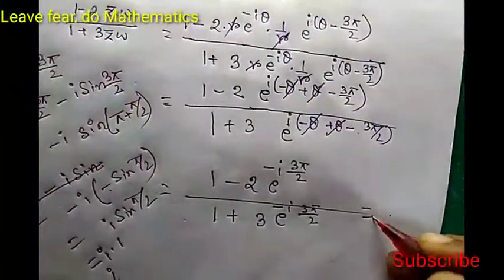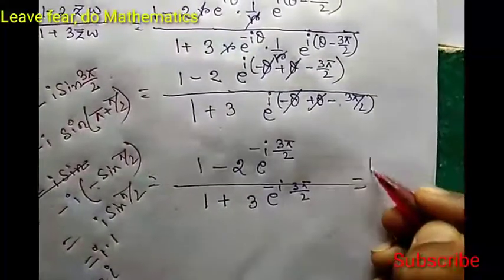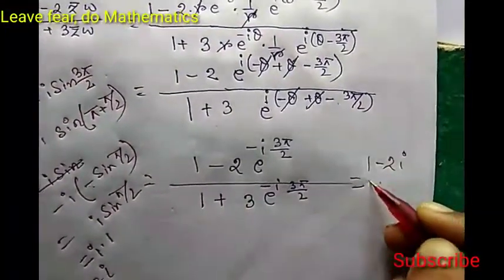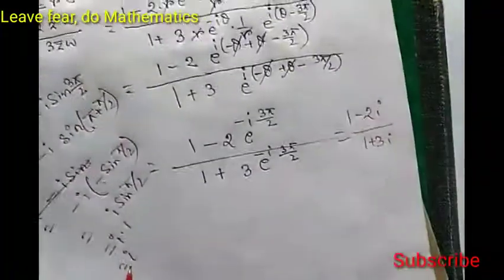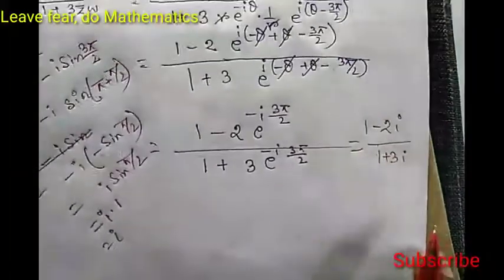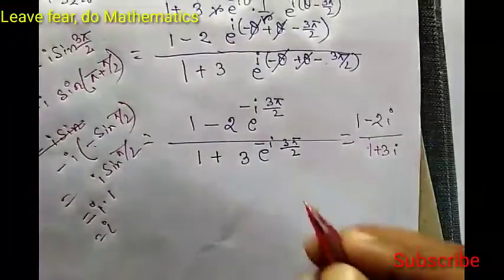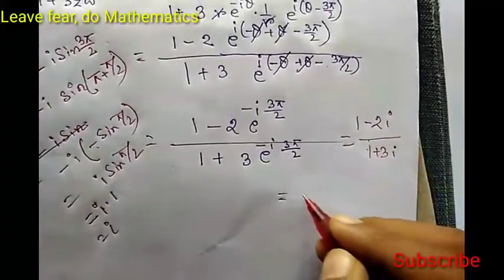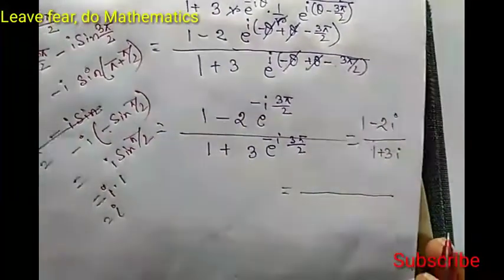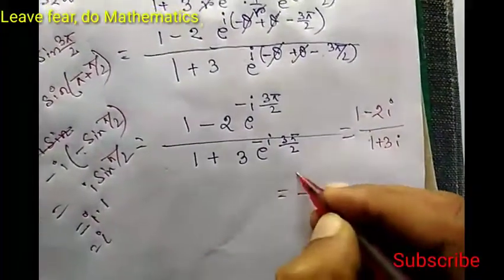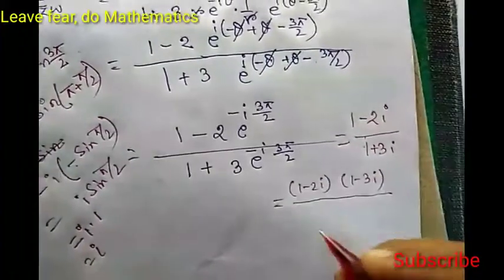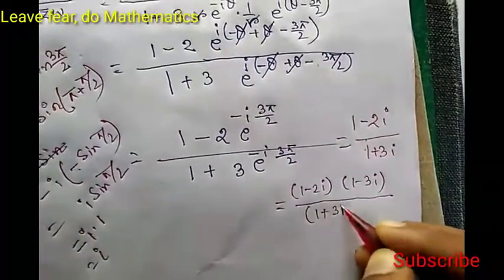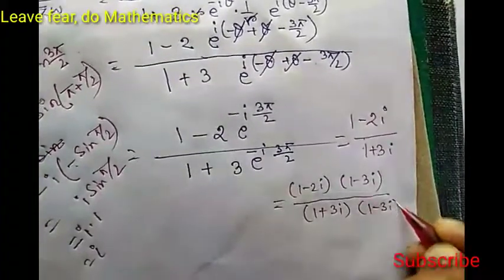So we can write this expression as 1 minus 2i by 1 plus 3i. Now what will we do? We will multiply the numerator and denominator by 1 minus 3i. So 1 minus 2i times 1 minus 3i, and the denominator becomes 1 plus 3i times 1 minus 3i.